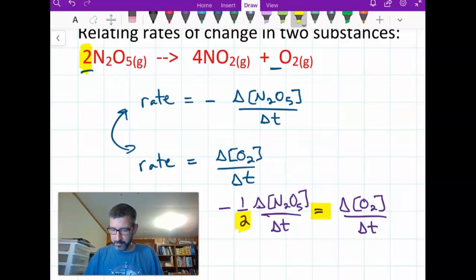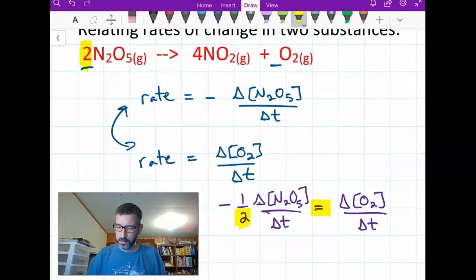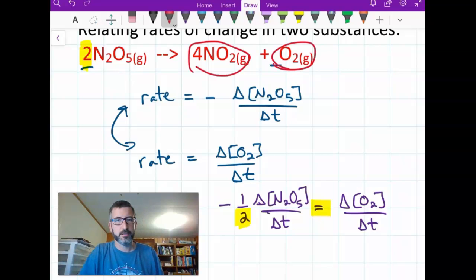So if I were to do the same thing, but this time let's say we were comparing the rate of production of NO2 to the rate of production of O2, what are some things that we would have to keep in mind? Would either of them have a negative sign out in front? So you should say no, they're both products, they're both going up in concentration, right?